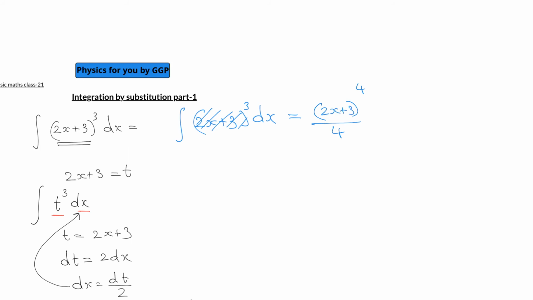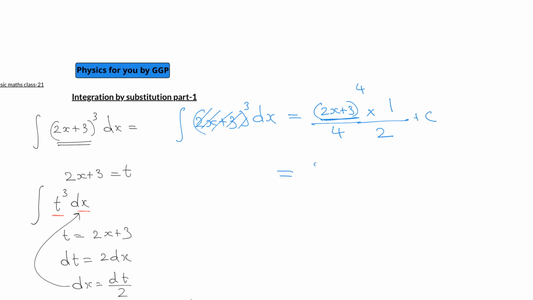Now what we have to do is just differentiate this function and divide by the same value. That means if I am differentiating 2x plus 3, the differentiation of 2x is nothing but 2. So whatever answer you are getting, just divide it by that result, plus constant of integration c.